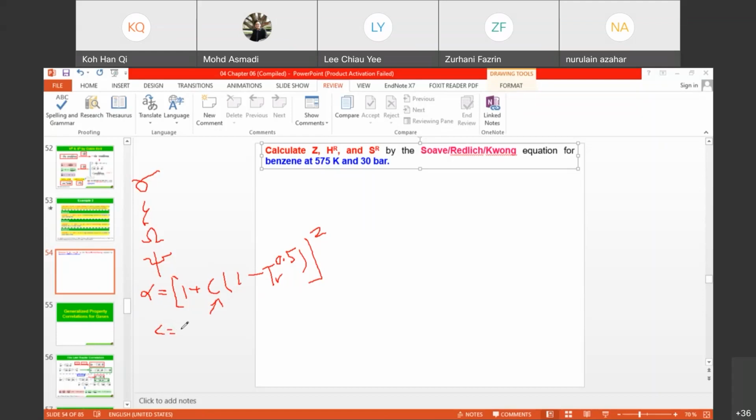Just look at that table for the Peng-Robinson. Peng-Robinson, or wait, this one is Soave-Redlich-Kwong, sorry. So c is 0.480 plus 1.574 omega minus 0.176 omega squared. Just substitute this here. So it's going to be the same with the figure.